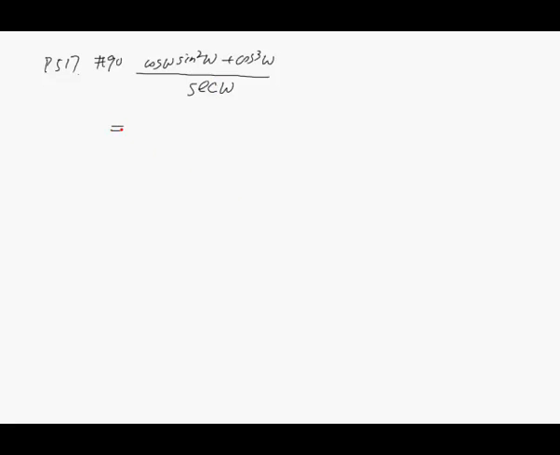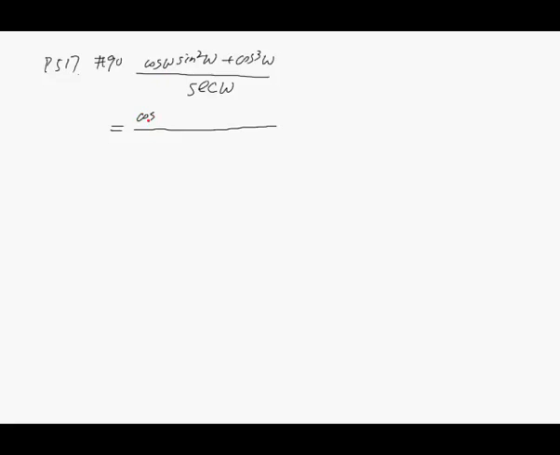So this guy, tell me, what should I do in the first step? Factor the numerator, right? Factor out this cosine, because in the numerator, these two terms have the common factor cosine w. So let's first try to factor out this cosine w.